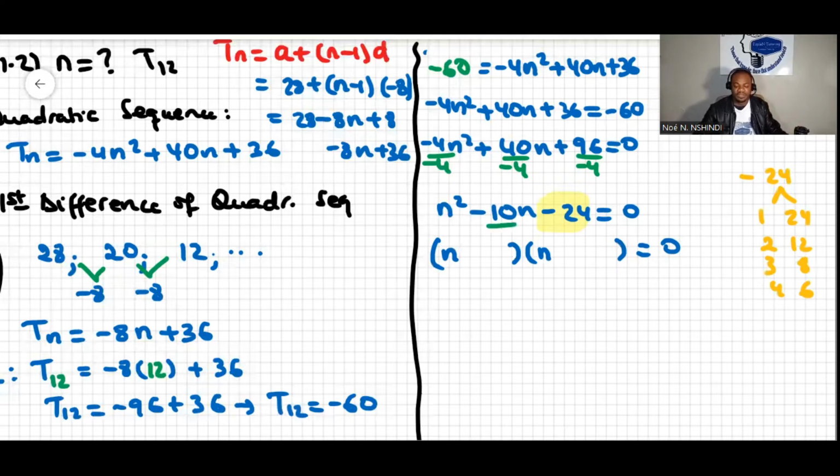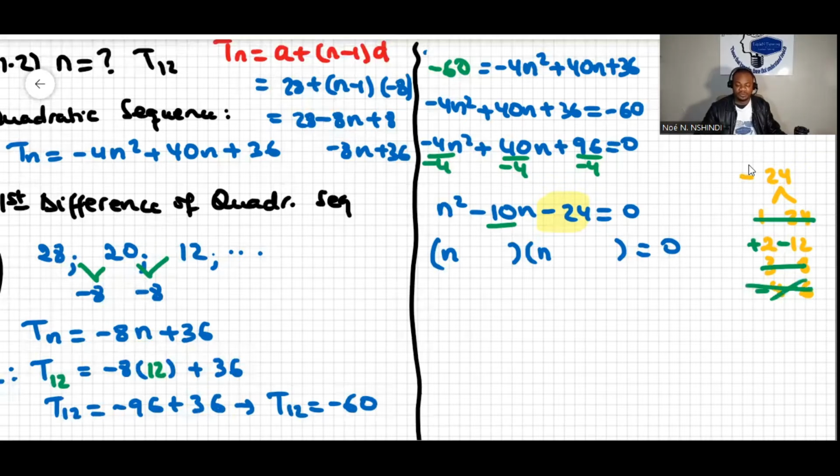Now let's see. With 1 and 24, we cannot make it. With 2 and 12, we can make -10 if we do +2 and -12. So will -4 and -6, because -4 minus 6 makes -10. But -4 times -6 makes +24, and we need -24, so this cannot be the right couple.